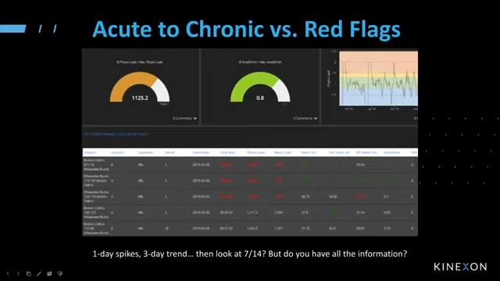We found in the NBA 7 to 14 works a little bit better, and the reason that we did that is because my whole goal in the NBA is to get you to the playoffs. If you get to the playoffs, you've got to outplay them in games 6 and 7. So if you went to a game 7 in the playoffs, that's roughly 14 days.